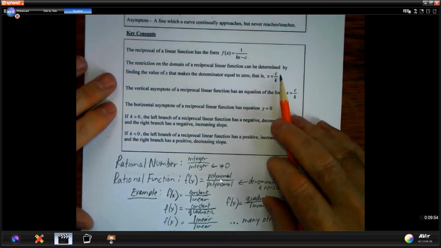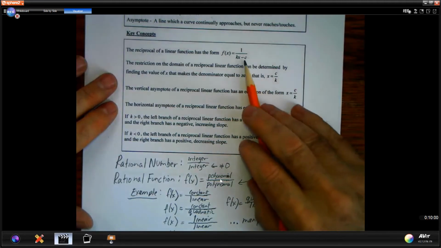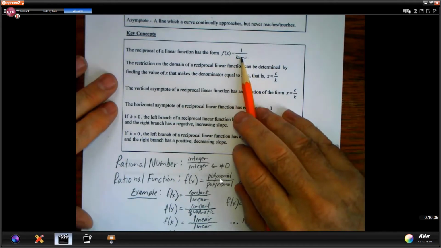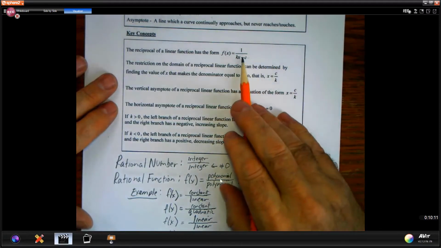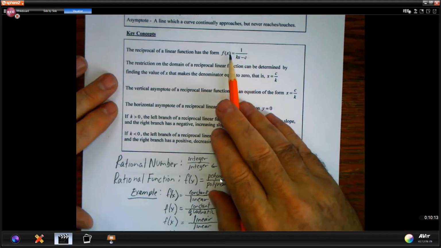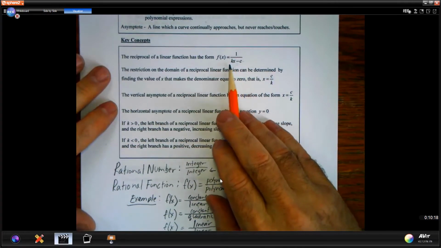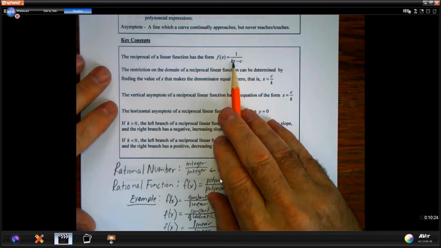Now, you don't have to really get too much into this. I'll be explaining this when we do our examples, but if you use this definition of the rational function that we're working with today, you can see the difficulty, and we talked about this. This function would not be defined if that denominator was equal to 0. So whatever that value of x is that makes the denominator 0, that's where we're going to have a vertical asymptote.